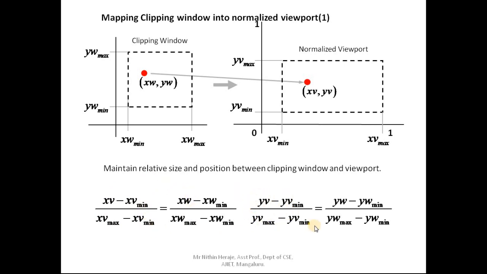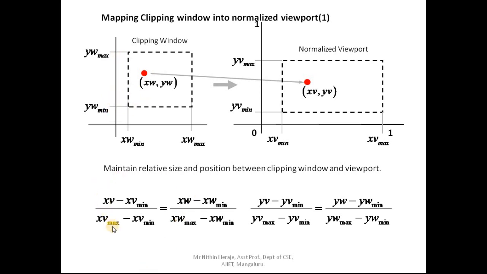This is the same formula with respect to the y-axis. You can see here yv minus yv min divided by yv max minus yv min will be equal to yw minus yw min divided by yw max minus yw min.